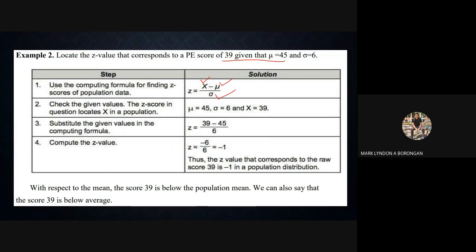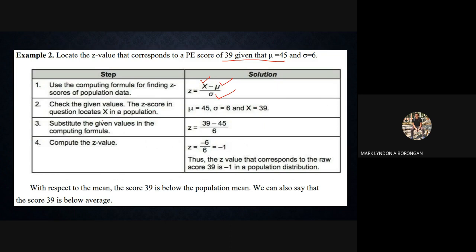So use the computing formula for finding z scores of population data and check the given values. And the z score in question locates x in a population. So daraga represent sa ato ang values. Ang kaning mean nato is 45, atong standard deviation is 6, and ang x is 39.